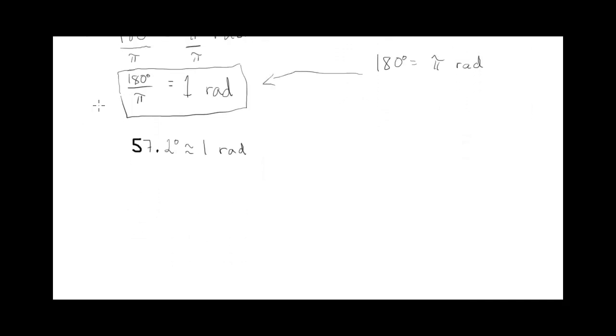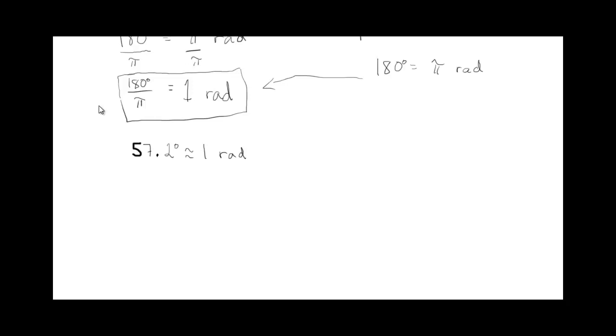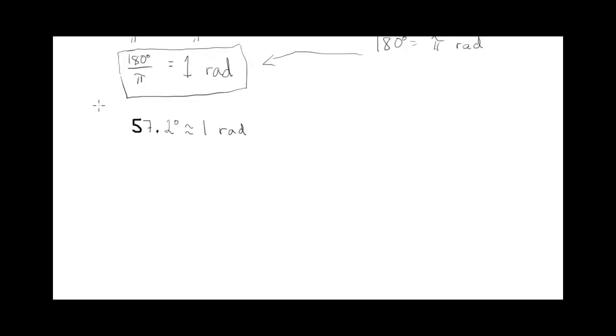Sometimes you just remember this equation to get to the other, and that will allow us to convert other radian measures. This might seem a little unusual at first, but a lot of times when we're doing radian measures, we're going to have them as multiples of pi. So, pi by 4 radians.